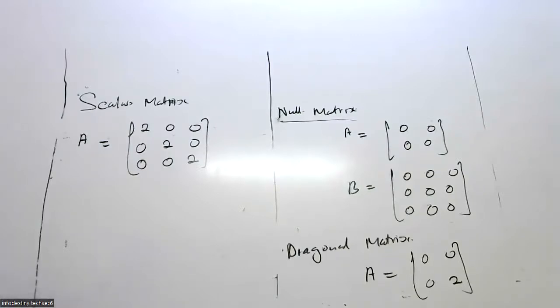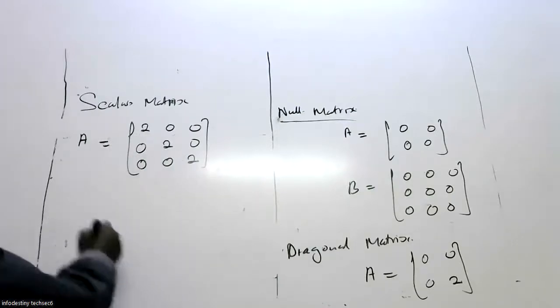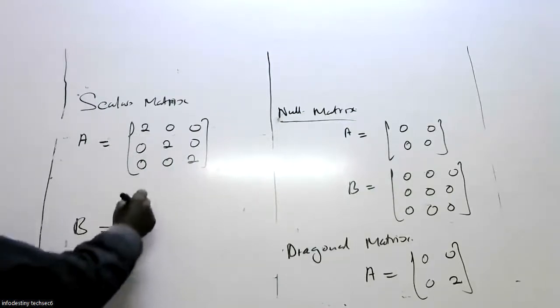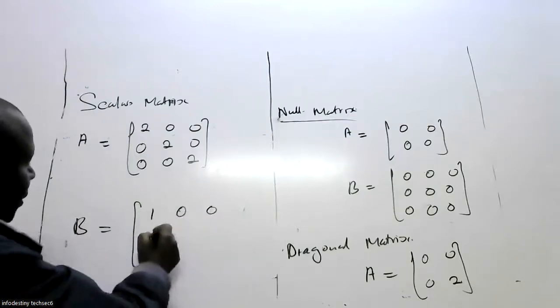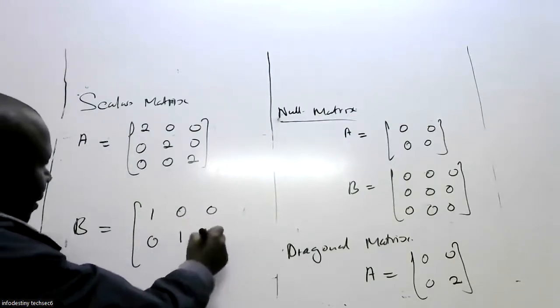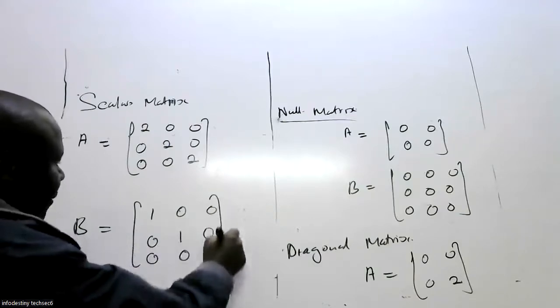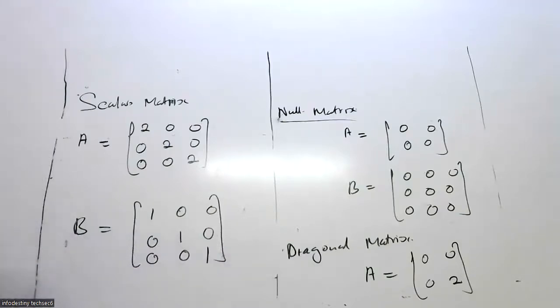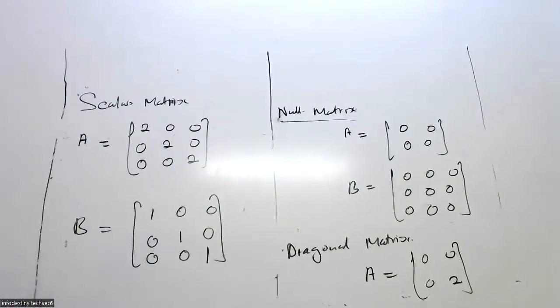So we are talking about the leading diagonal, this one. So we can say B equals 1, 0, 0, 0, 1, 0, 0, 0, 1. This is the identity matrix. That is known as the identity matrix.